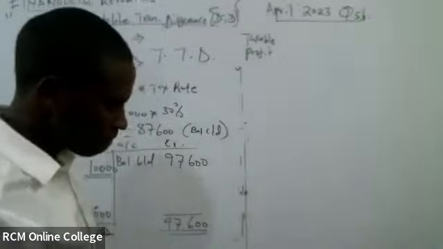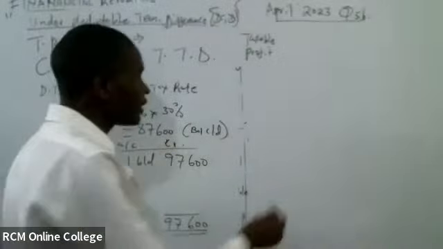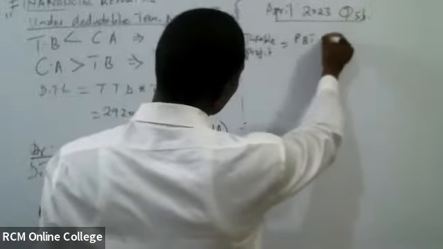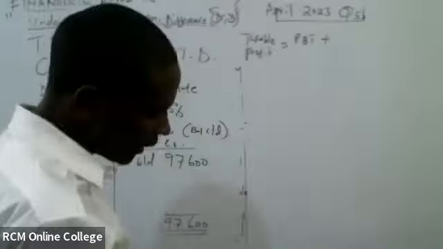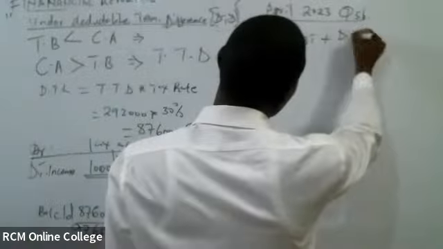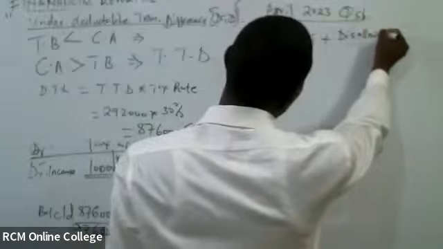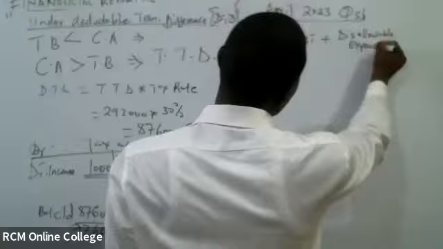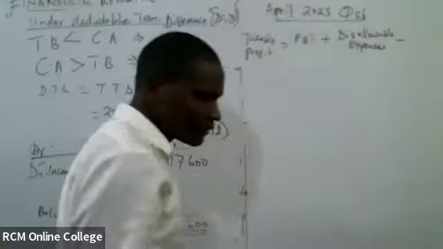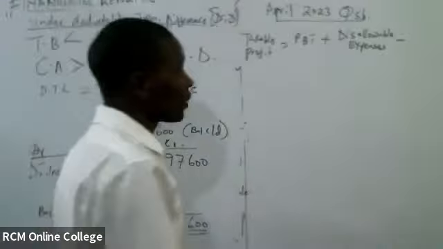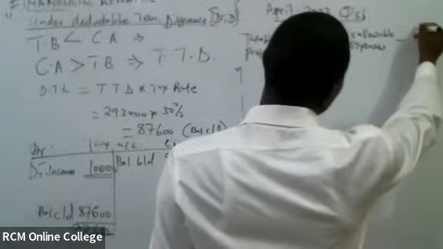Taxable profit can be given by profit before tax or accounting profit plus disallowable expenses minus allowable expenses, which is the same as wear and tear in tax.